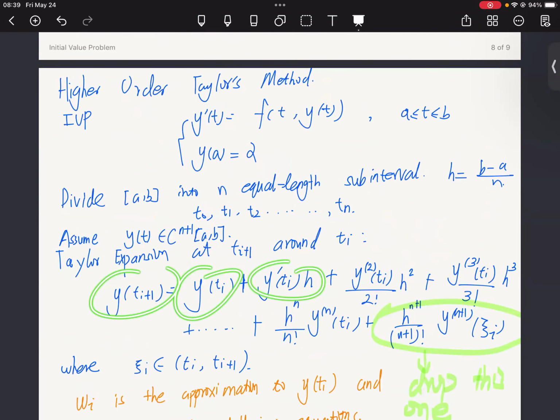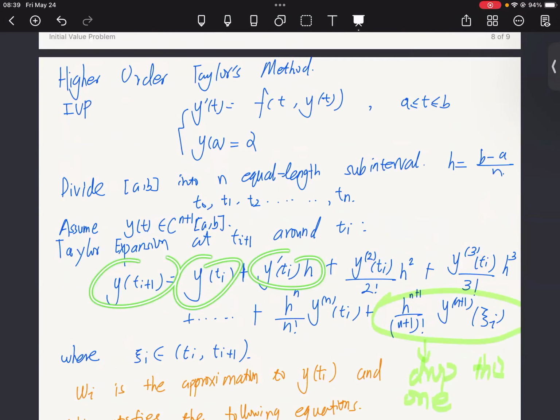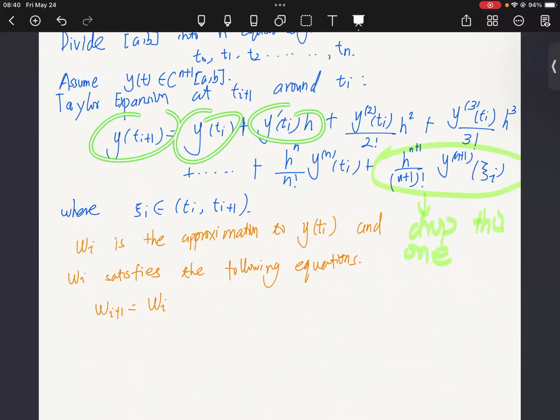If you look at the equation, y'(t_i) is just f(t_i, y(t_i)), right? And now we are saying that we use w_i to approximate y(t_i). So in the approximation version, we have f(t_i, w_i) times h.